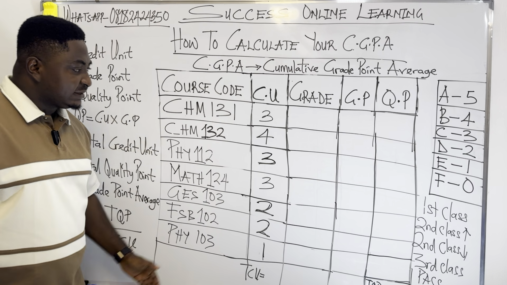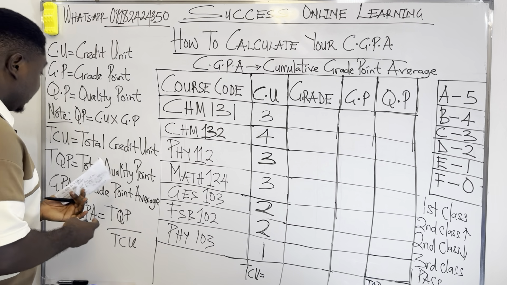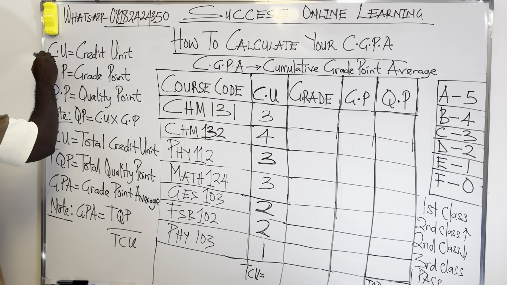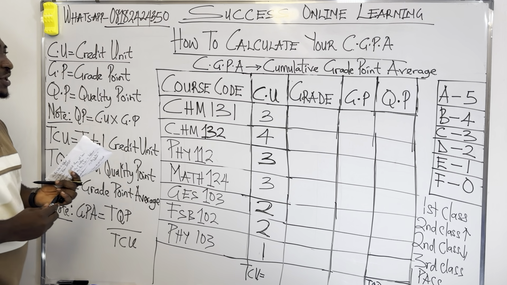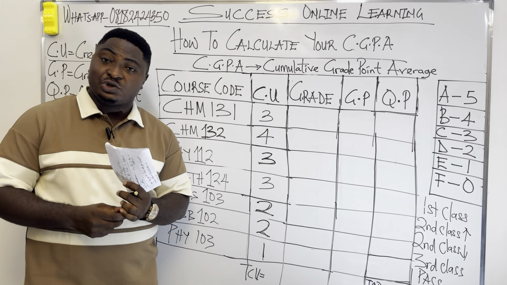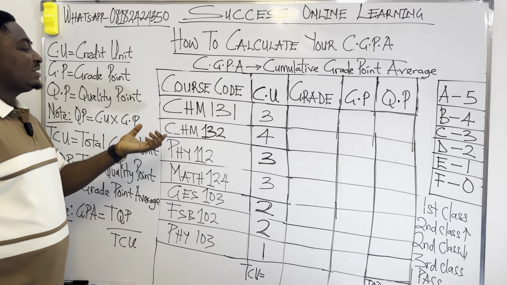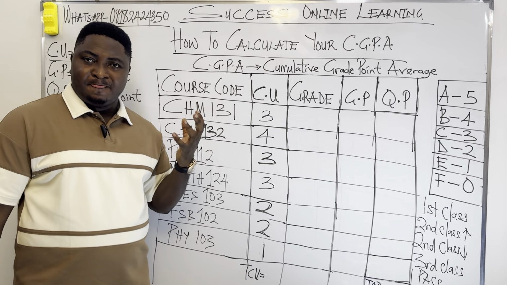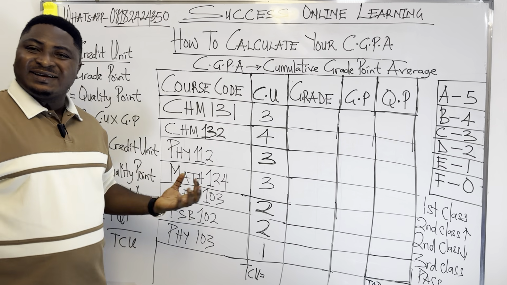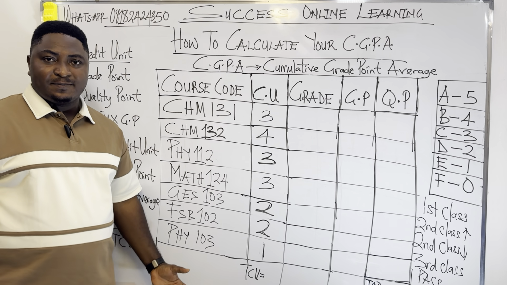Now, after listing this, the next thing you need to understand is the credit unit, CU. You can't do anything on CGPA without understanding what a credit unit is. A credit unit helps us to understand the weight a course carries. All courses do not carry the same weight in a university system.